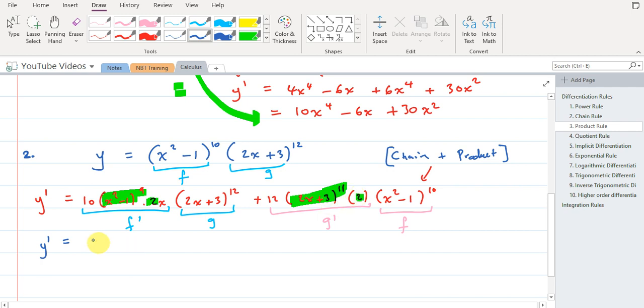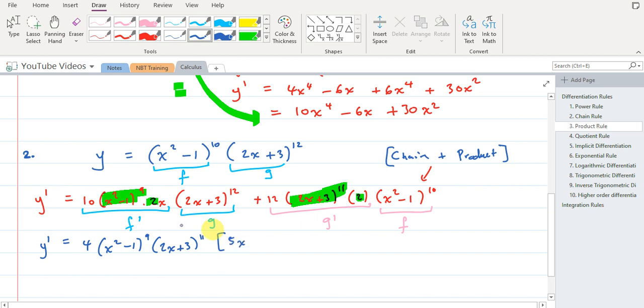So we take out 4 as a common factor from the numbers, HCF, and then x squared minus 1 to the power 9, and then we've got 2x plus 3 to the power 11, right? Now we can see 10 times 2 is 20 divided by 4, which is 5.